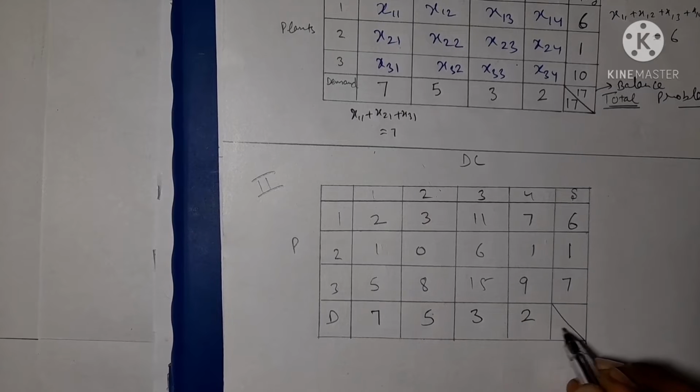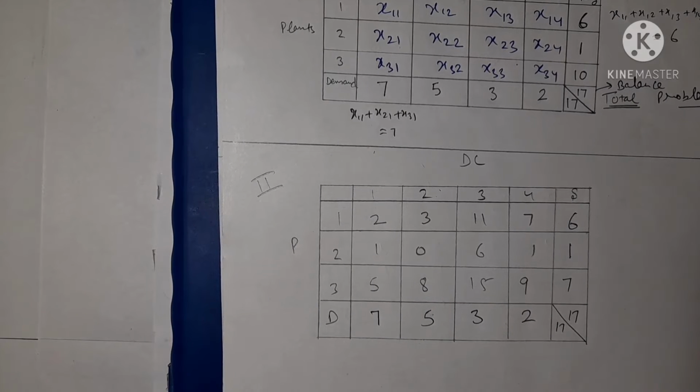This is the final table which we need to solve. Okay, there are several methods to find out basic feasible solution.